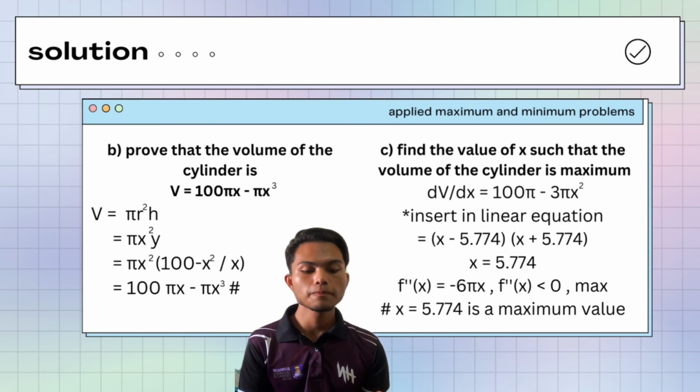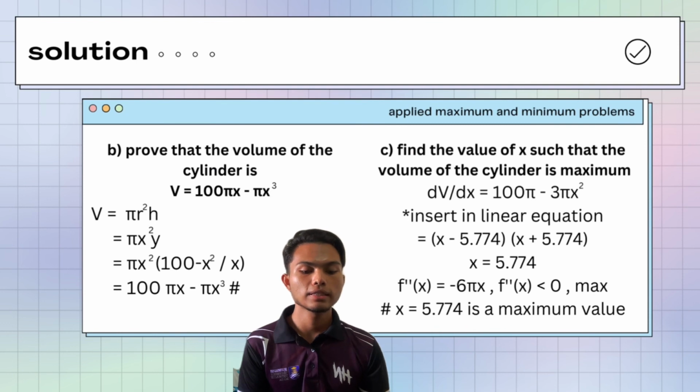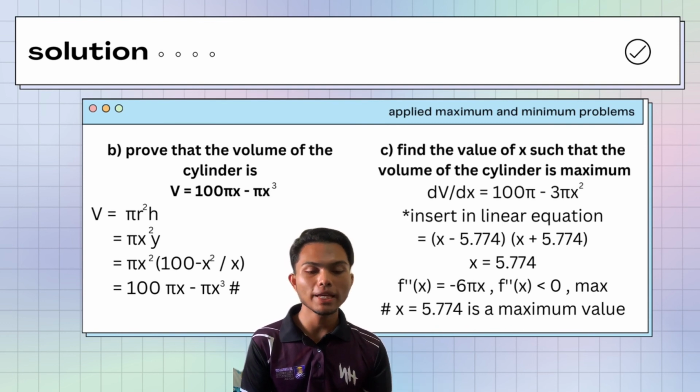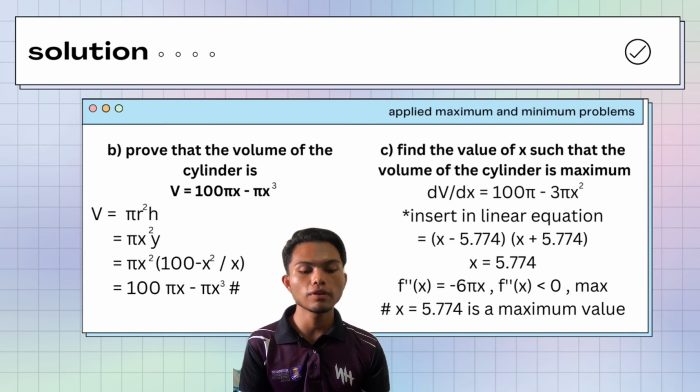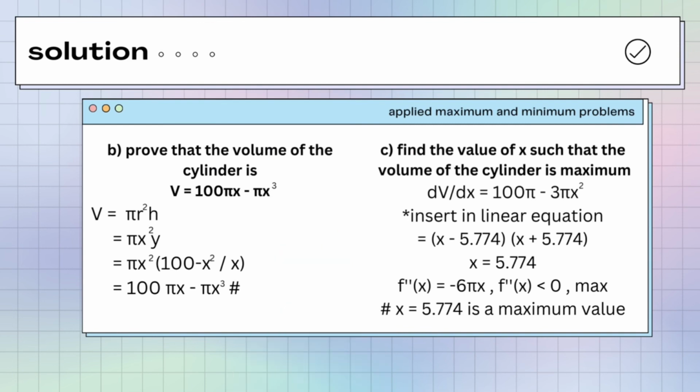So we choose x equals 5.77 and take the second derivative, which gives minus 6 pi x, which is less than 0, and it indicates a maximum value. Thus, x equals 5.774 is a maximum value.